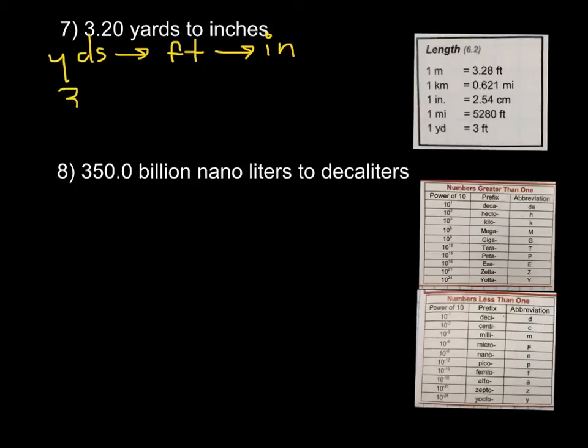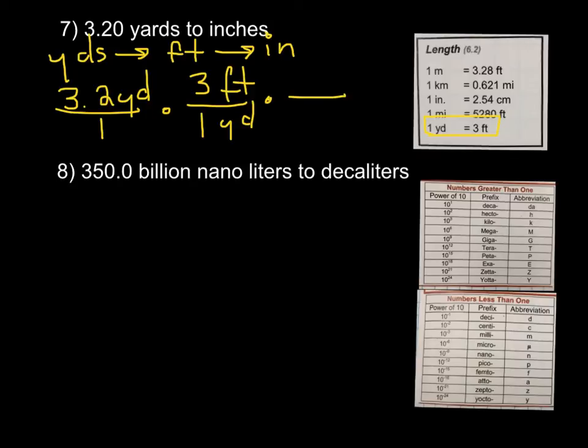So we've got 3.2 yards over 1. Now we want to change it to feet. So we want our yards on the bottom, remember, because we want them to cancel, and our feet up top. And if we look at our conversion factor, 1 yard is equal to 3 feet. So 3 feet, and that's 1 yard.